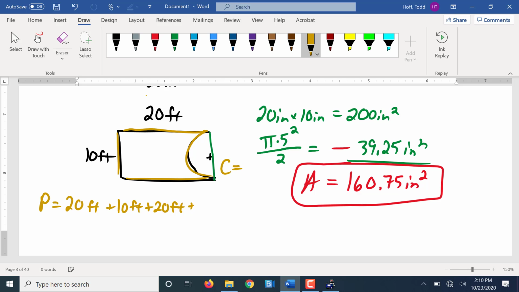But it is circumference. Yeah, pi times 10 and then divided by 2, or pi times 5, yep. Which is 15.7. You got her. So 65.7 feet of perimeter.